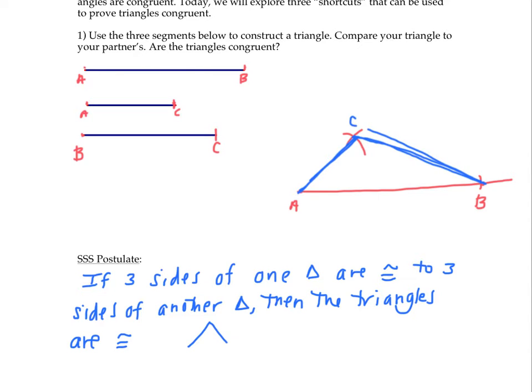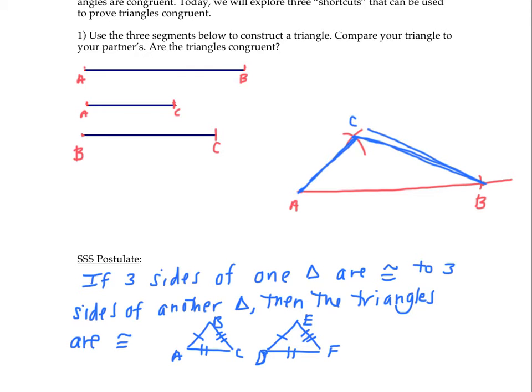So if you're given a diagram and you have triangle A, B, C, and you see some markings for the segments that make up that triangle, and you see another triangle, let's say it's called D, E, F, and it's marked in the same way, right?